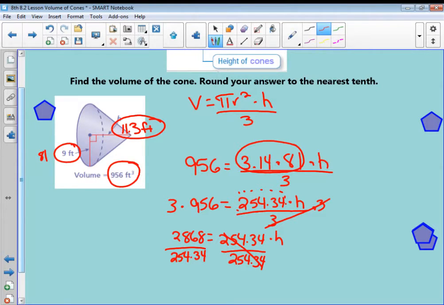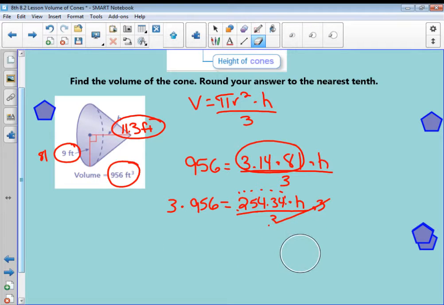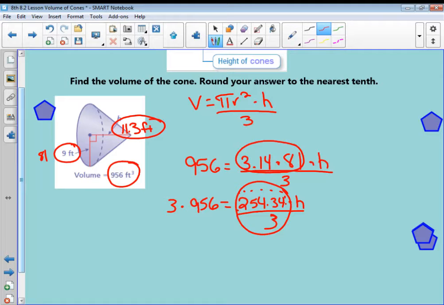The other way that I could have done it that I was saying previously is we could have gone through and divided this part by 3, and we should still get the same answer. So we'll just test it. If I took 254.34, divided that by 3, it's going to give me 84.78. And then I have 956 times the height.